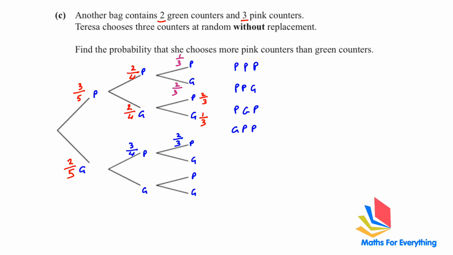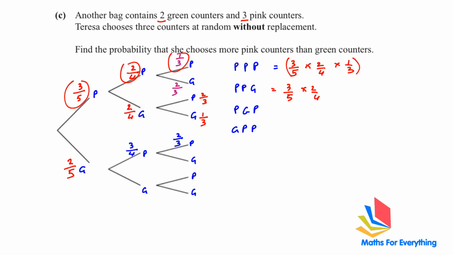So now let's write down the probabilities here. Pink, pink, and pink. If we move up the branches, we multiply. So 3 over 5, multiply by 2 over 4, multiply by 1 over 3. And then we are going to have pink, pink, and green. So it's going to be 3 over 5, multiply by 2 over 4.